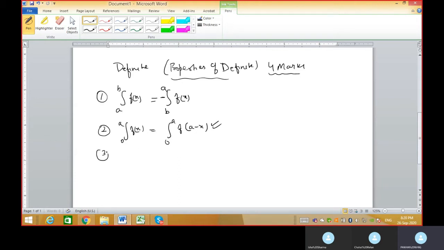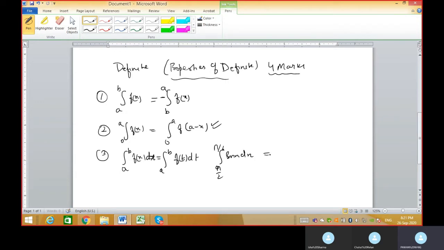Another property: the integral from a to b of f(x) dx is equal to the integral from a to b of f(t) dt. So these two terms are the same. Let us suppose you are doing the integration from pi by 6 to pi by 2 of sin x dx.